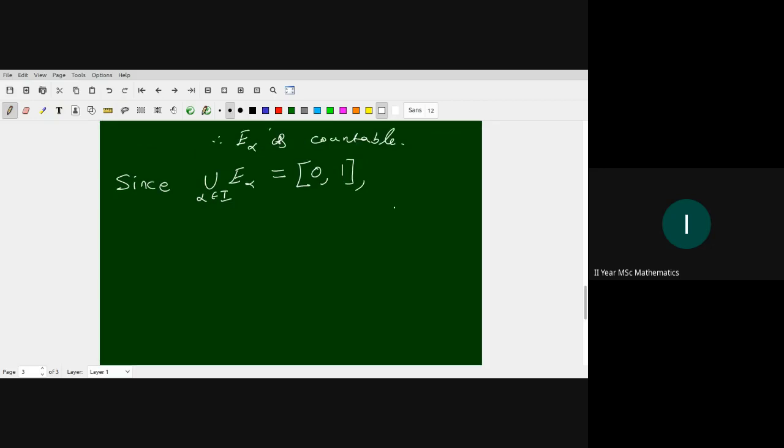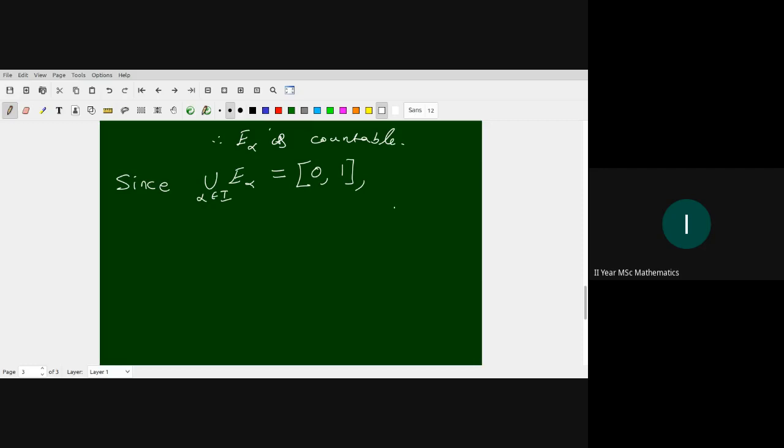Okay, each E alpha is countable, but there are many E alphas whose union is [0, 1]. [0, 1] is uncountable. Suppose there were countably many E alphas; then a countable union of countable sets must be countable, but here [0, 1] is uncountable. So the collection of E alphas is uncountable, right?